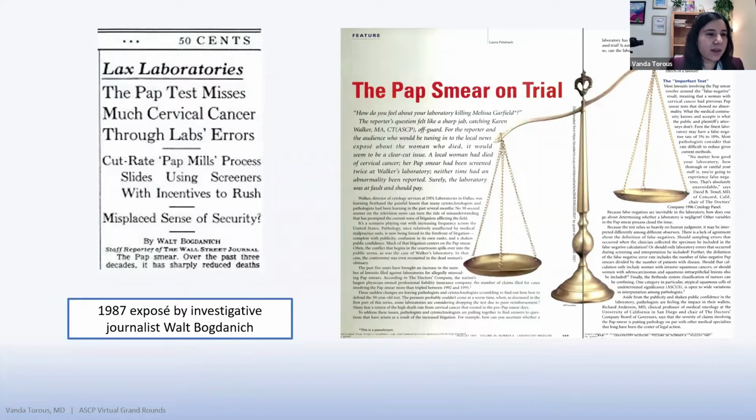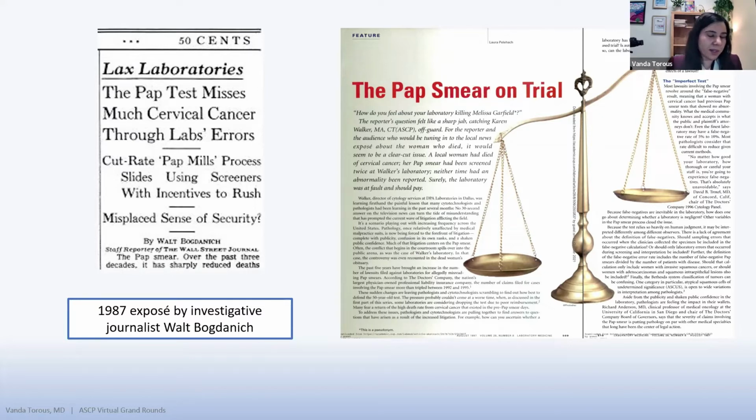Now, at the time, there were these lax laboratory practices which allowed for this to happen. So basically, what were referred to as PAP mills were offering bargain rates for services, and how they were able to do that is through incentives to rush specimen processing and interpretation.